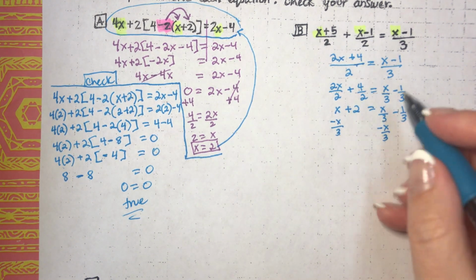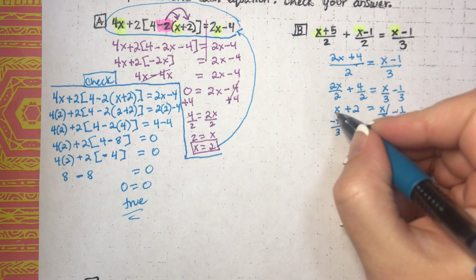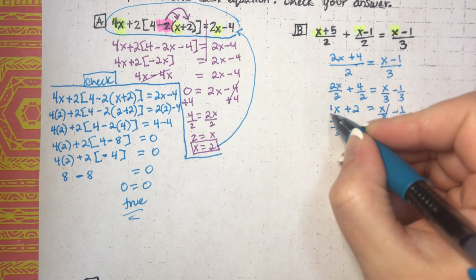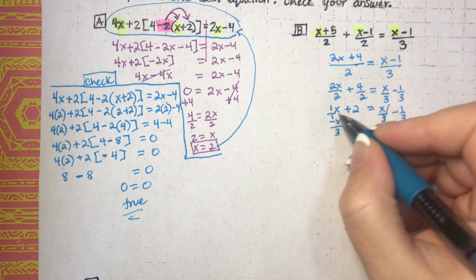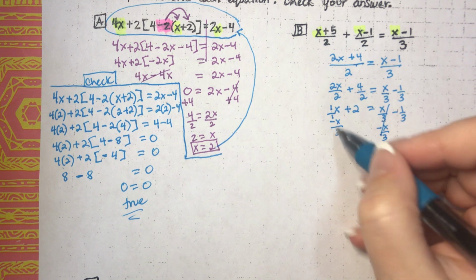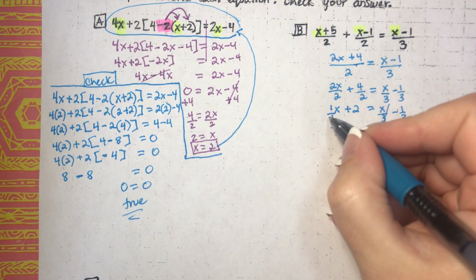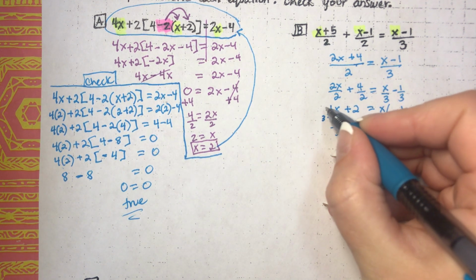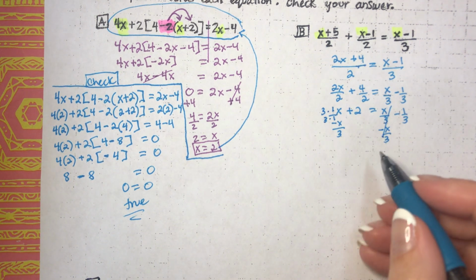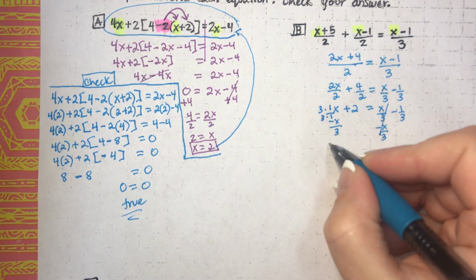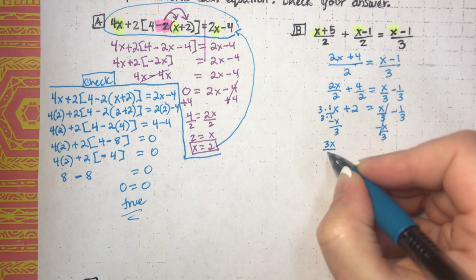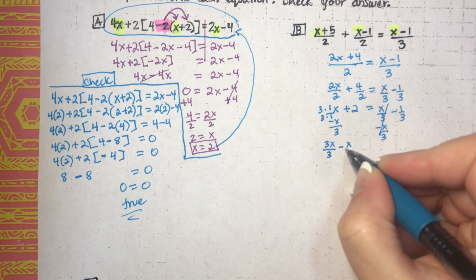And then this cancels, and this becomes 1x over 1. And we need a common denominator here. So between 1 and 3 it would be 3. So I'm going to multiply the top and the bottom by 3. And what happens is I get 3x over 3 minus x over 3.